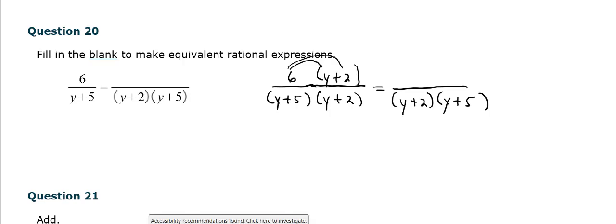So this gives me 6 times y, which is 6y, and 6 times 2, which is 12. So our final answer would be 6y plus 12 over the quantity y plus 2 times y plus 5. And again, order doesn't make a difference as far as your factors are concerned.